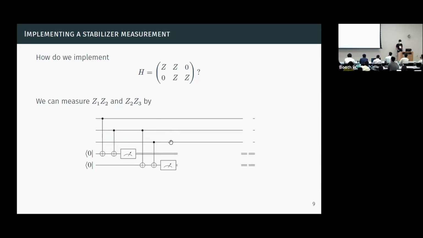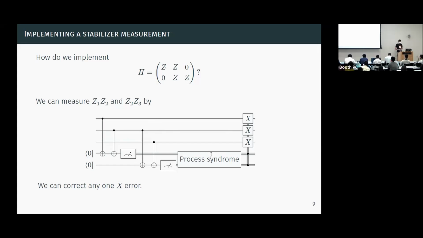So now if we want to correct errors, we just have some classical computer hanging on our device that processes these syndrome measurements and then picks the right X-type bit flip to apply to our code, right? So if we have one X error occur on the first qubit, for example, only our first ancilla Z1 Z2 would be flipped, right?